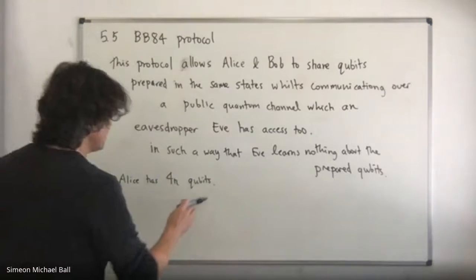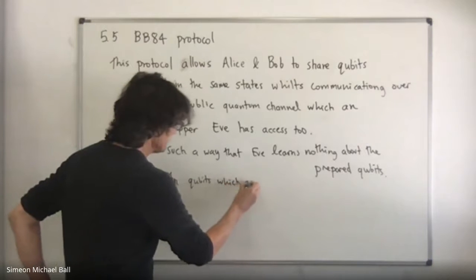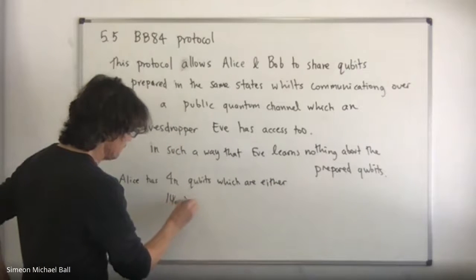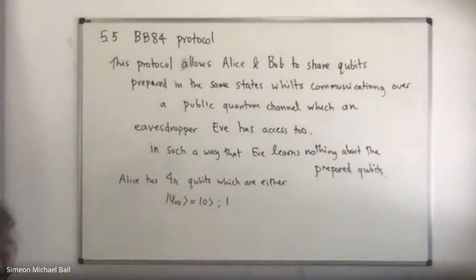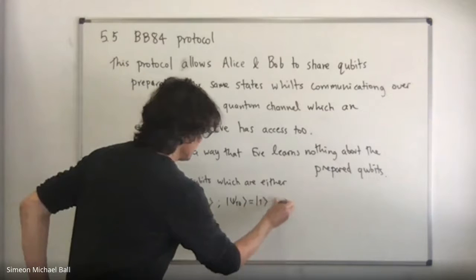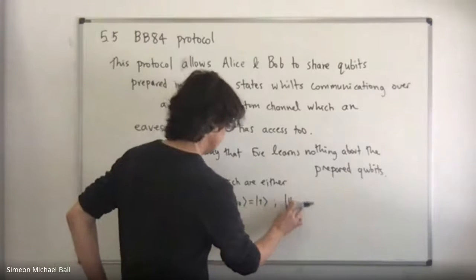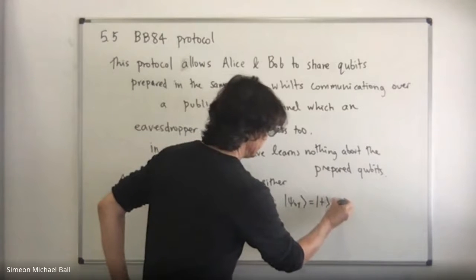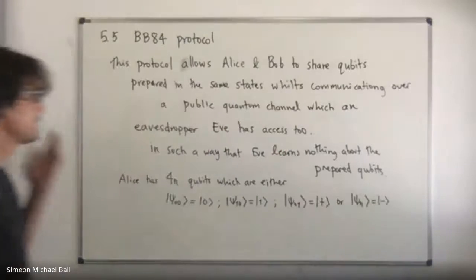And these qubits are going to be either psi 0,0, which is going to be the zero state, psi 1,0, which is going to be the one state, or the plus and minus states.